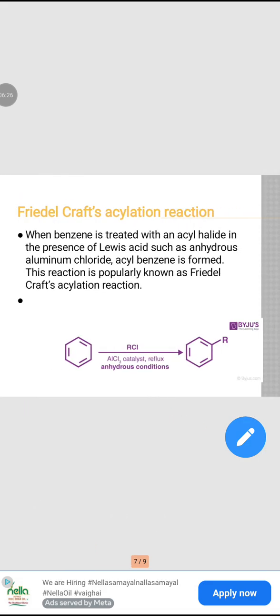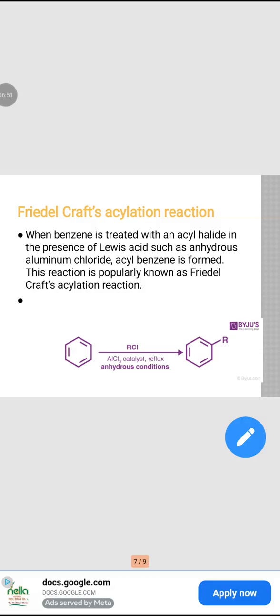Next, Friedel-Crafts acylation reaction. When benzene is treated with acyl halide in the presence of a Lewis acid, anhydrous aluminum chloride, the product formed is acyl benzene.